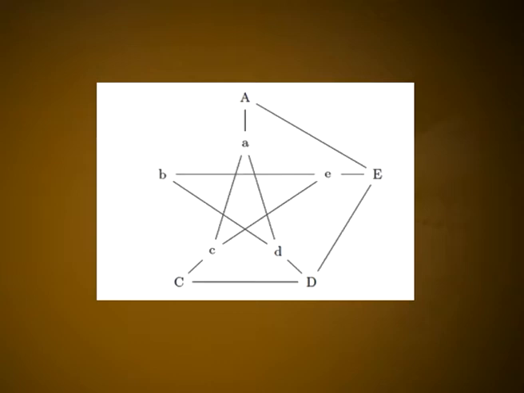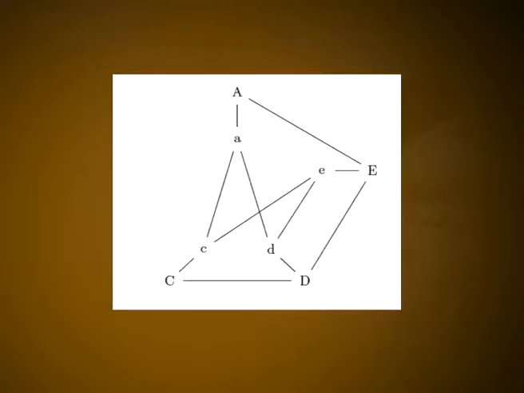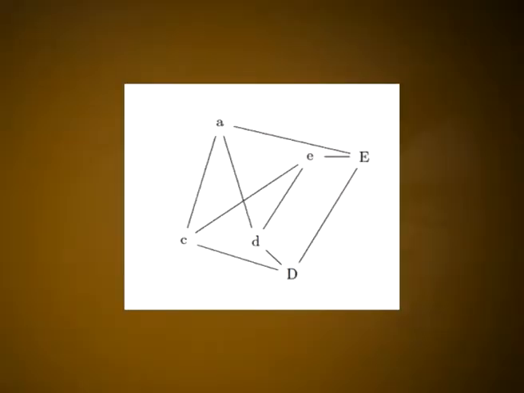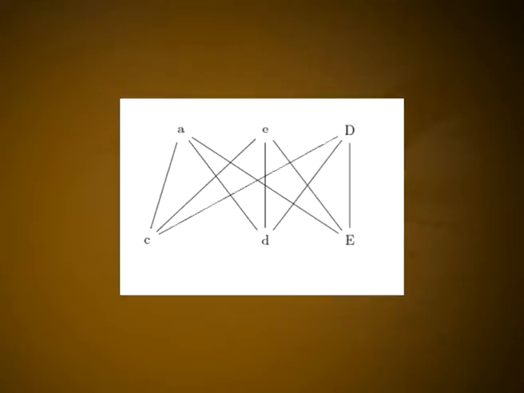To see why, first notice that the node B is just subdividing the edge from D to E, so we can delete it, or formally the previous graph is a subdivision of this graph. In the same way, we can remove the nodes A and C to eliminate unnecessary subdivisions as shown in this figure. Now, deform the picture a bit and we see that we have K33 as the figure shown on the screen.